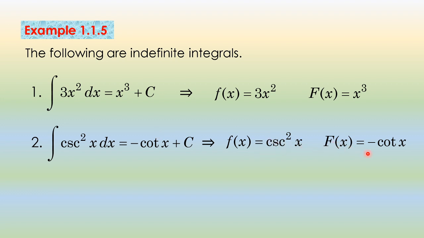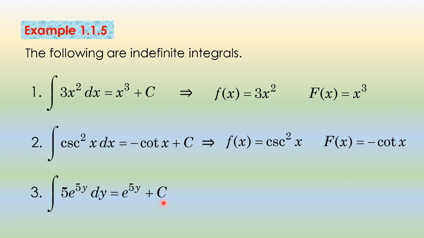In the first example, if you differentiate big F of x, we get this integrand. In the second example, if we get the derivative of negative cotangent x, that is negative of negative cosecant squared, so we have positive cosecant squared x, which is the integrand. Third, the integral of 5 e to the 5y dy is equal to e to the 5y plus c.